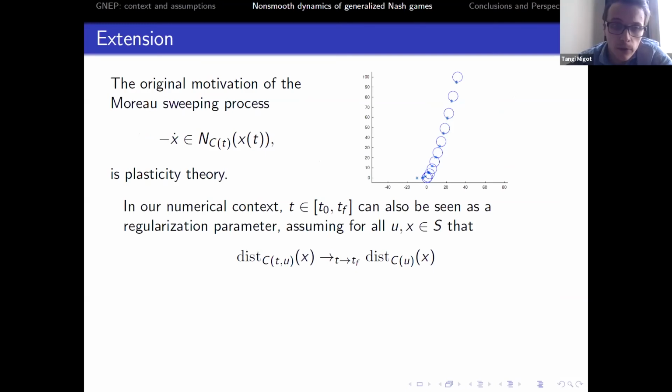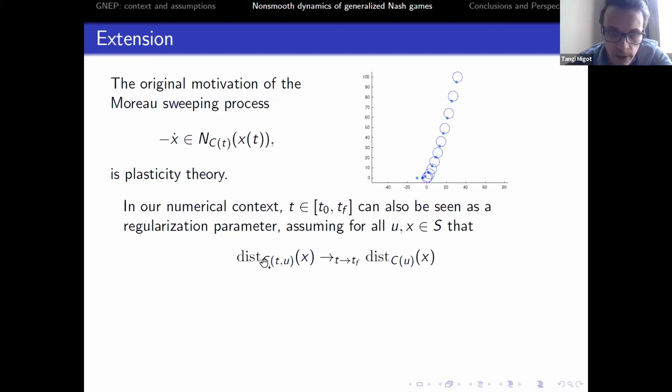Okay, so if your set C is too small and you want to regularize it for some reasons, then t would be this parameter. Okay, so let's say t is in the interval [t0, tf], and then regularization would need some convergence property like the distance function, which is regularized.